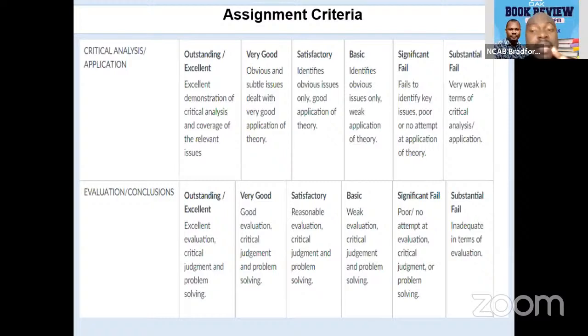Reviewing literature, putting it together, and having a kind of debate, like I've said before. This is what author A said, this is what author B said, and this is my own opinion. Merging them together. I'm going to look at some examples today. At the end of the day, you should have an evaluation and conclusion as well.